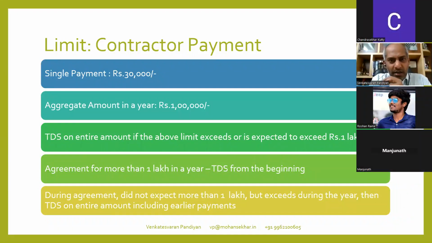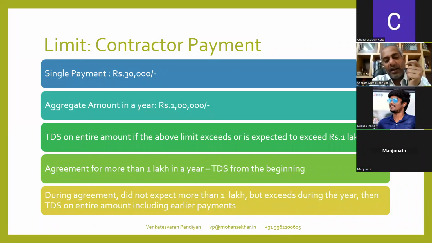So what the business has to be very careful when it comes to 194C is, normally these contract work, they get into an agreement to provide that service, contractor services.